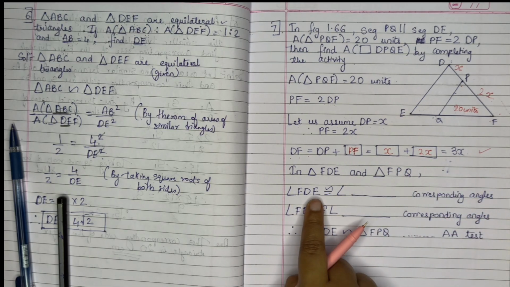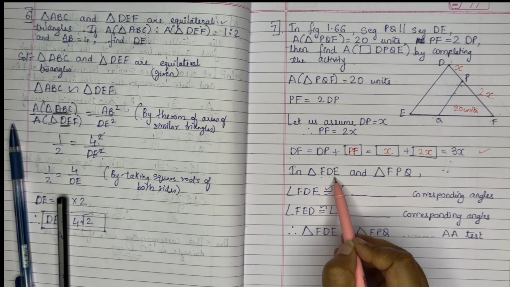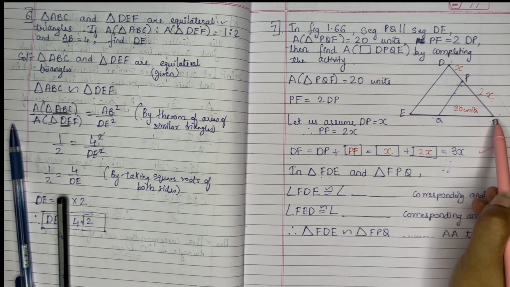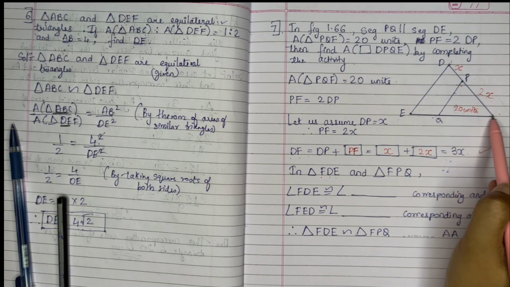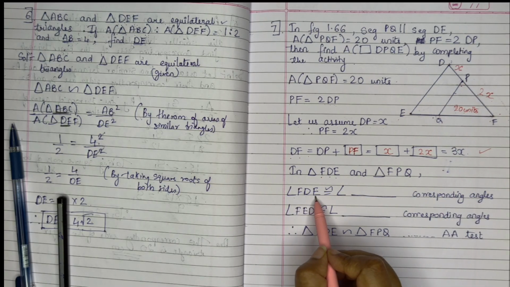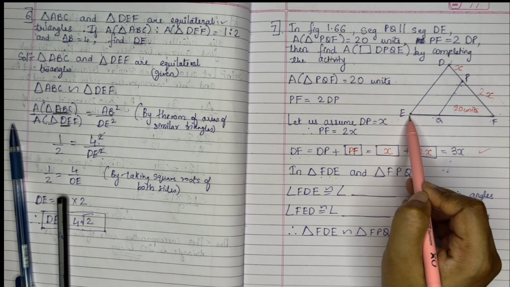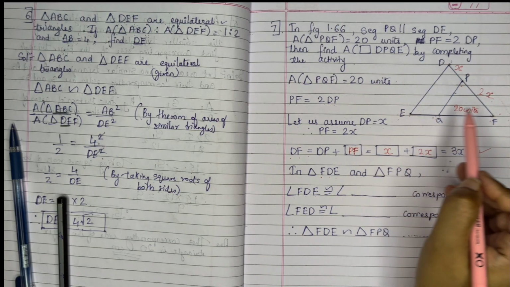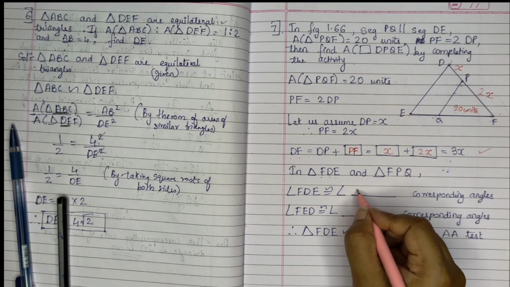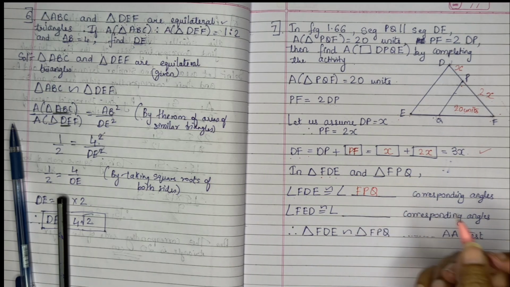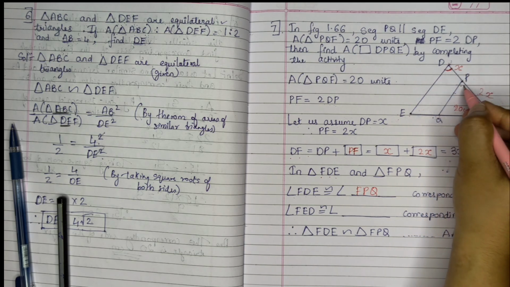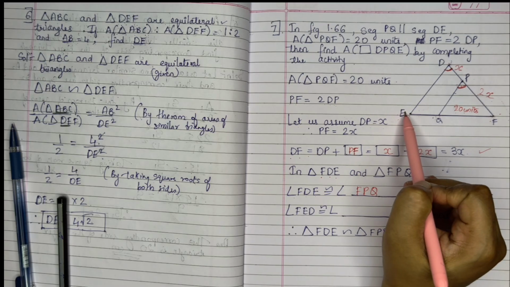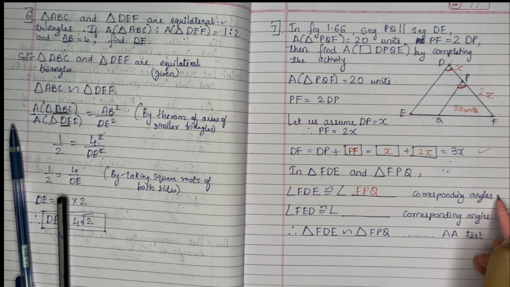Now see both the triangles. The bigger triangle FDE and the smaller triangle FPQ we are going to refer. In these two triangles, angle FDE is congruent to angle FPQ because they are corresponding angles.